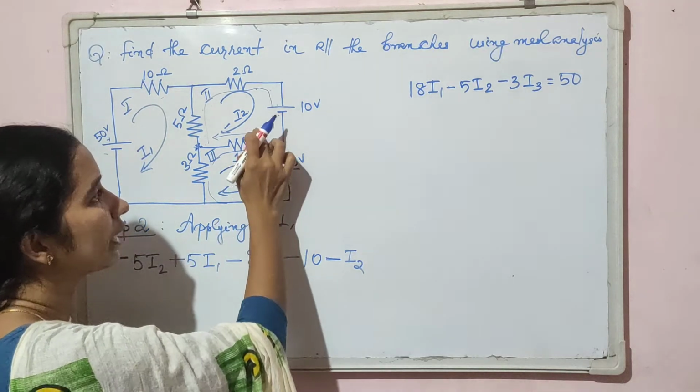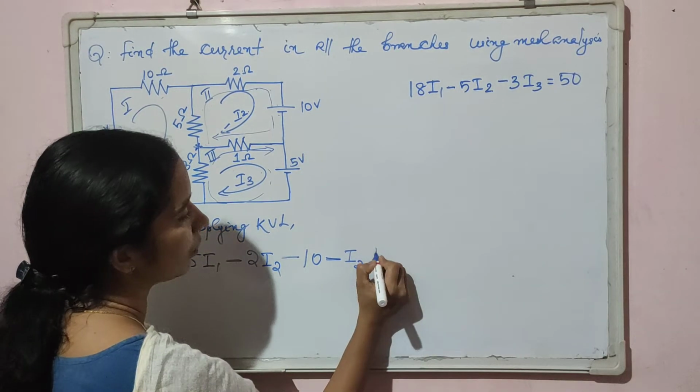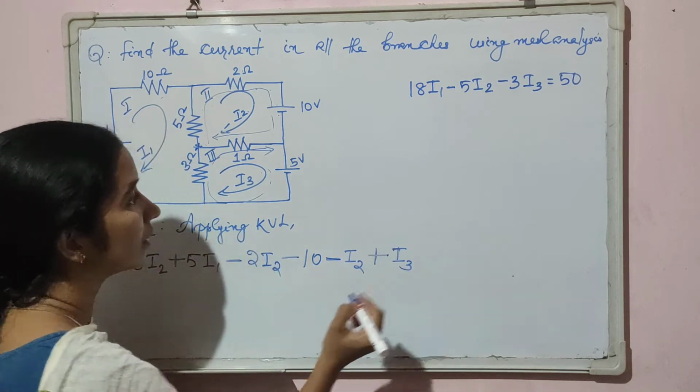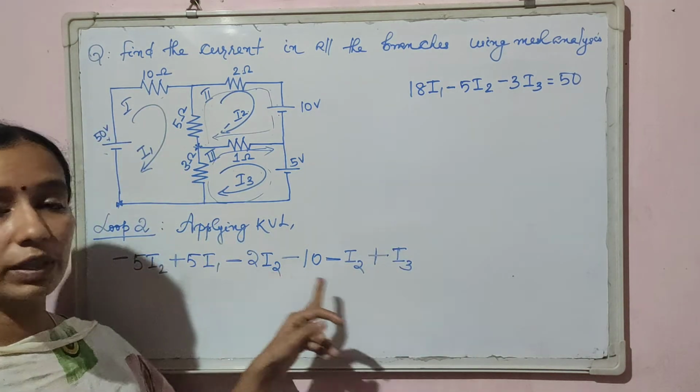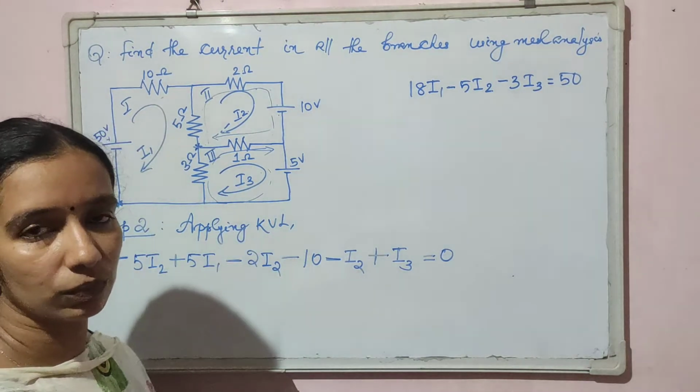That means the voltage drop on the 1 ohm resistor due to I3 will be positive: plus 1 into I3, that is I3. And according to Kirchhoff's voltage law, the algebraic sum of all the voltages will be equal to 0.